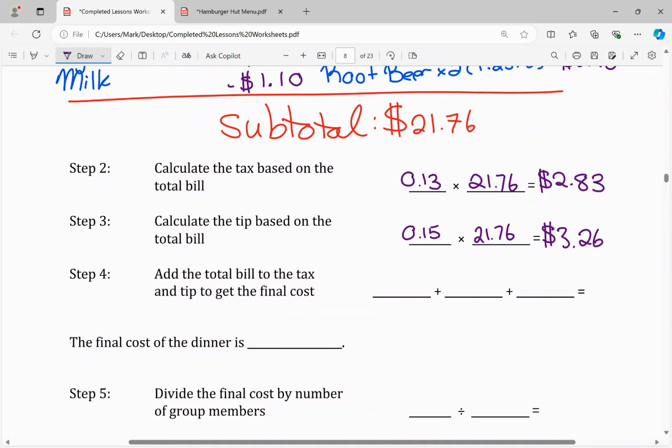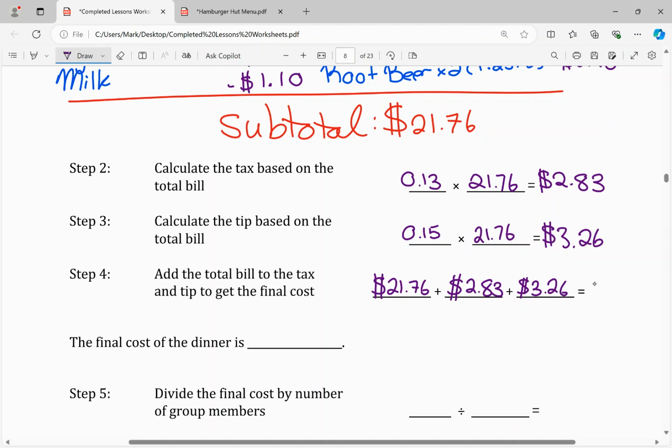Now that we've calculated the tax and the tip, let's add both of them to our subtotal. That's $21.76 plus $2.83 plus $3.26. Sorry, I'm just using a calculator here.